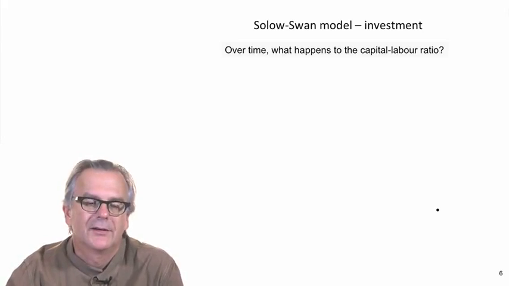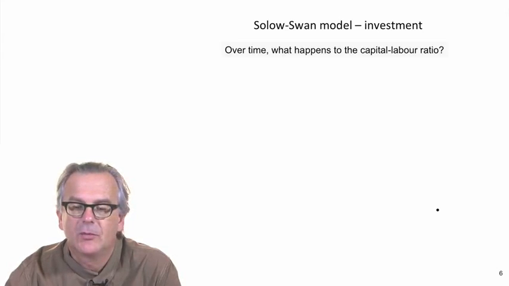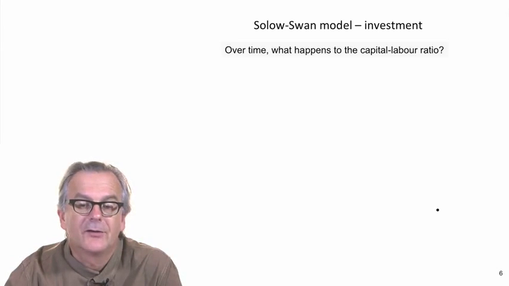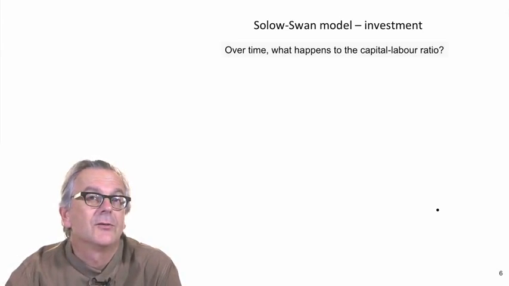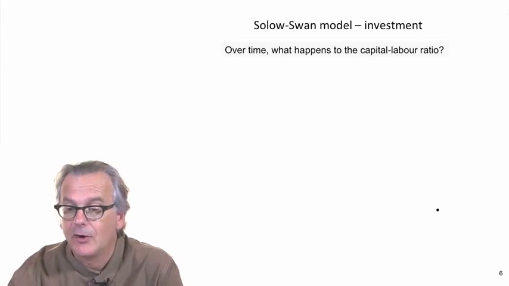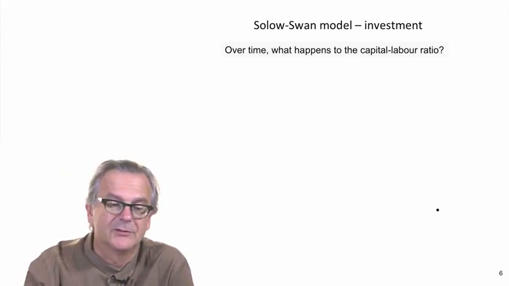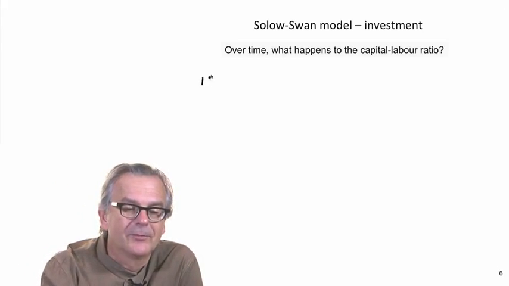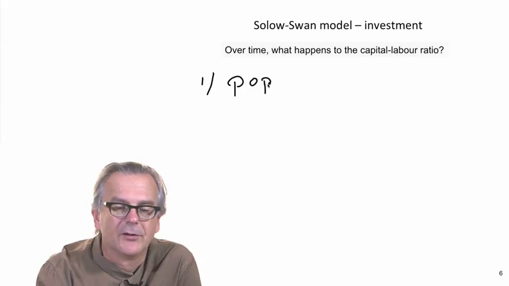Well, in fact, there are two important forces at work which over time will operate to lead to changes in the capital-labour ratio, and this happens without there being any intervention or indeed any decision-making going on in the economy. This is part of the nature of the capital-labour ratio itself. The first is population growth.